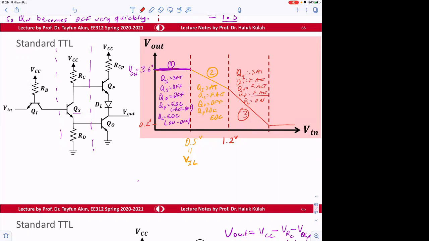So is it clear why the slope becomes larger? Yes. Because QO turned on.